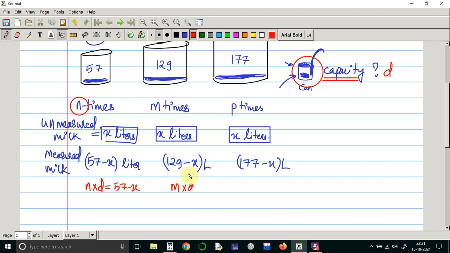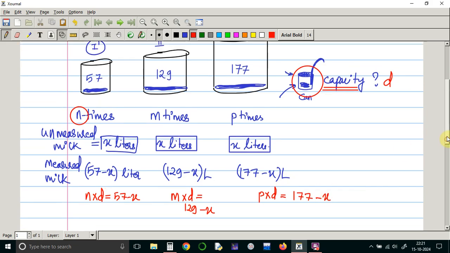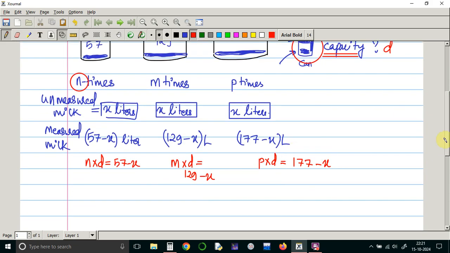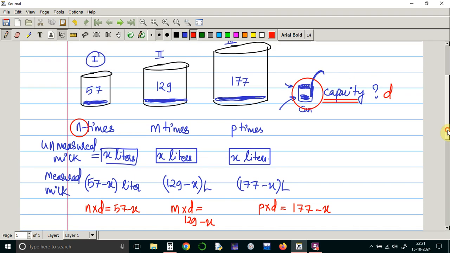Similarly, m times d is equal to 129 minus x. P times d is 177 minus x. This is what I mean by the measured amount of milk with the help of this can, and these are the unmeasured volumes of milk.